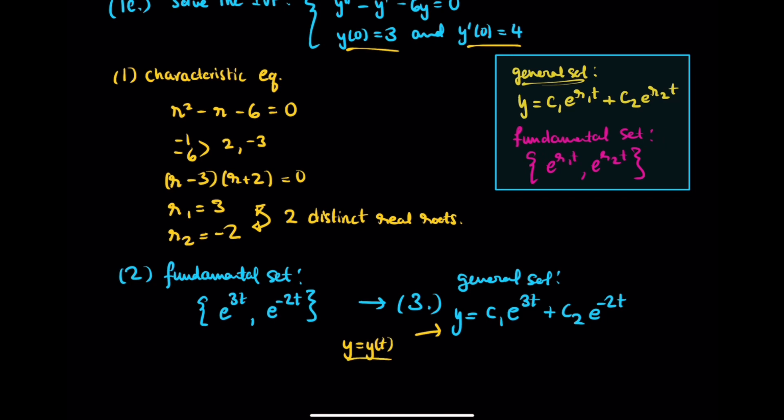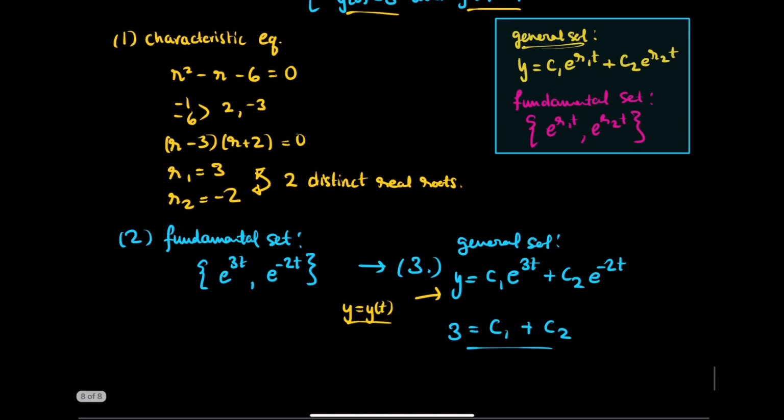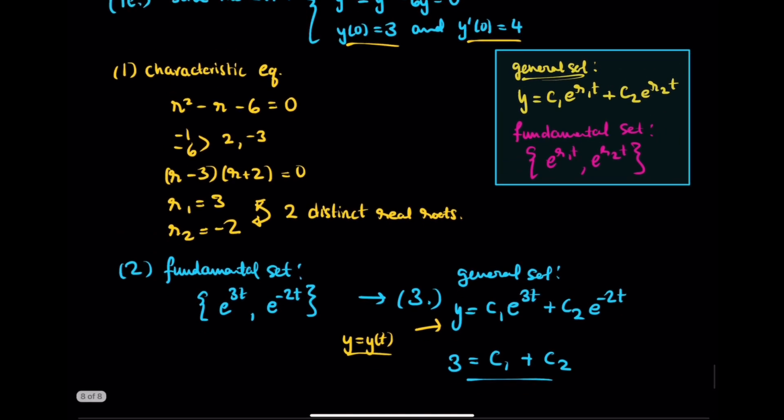When we plug y(0) equals 3 into here, we get 3 equals c1, and e to the 0 is just 1, plus c2. This is your first equation. Because we have two unknowns, we need two equations.